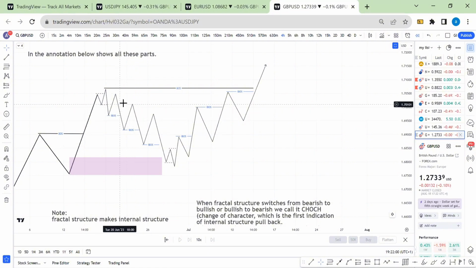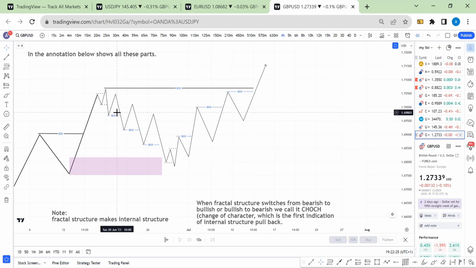Using other confluences, when price pulls back into the premium zone, you look for the supply zone that you can trade from, then your entry model, liquidity concept, everything. That's not the motive of this video, but I believe you should know all those. So that's where you start looking for that. But the trigger is you must find this internal break of structure.